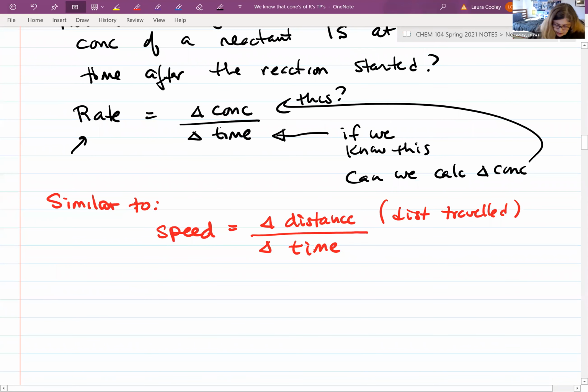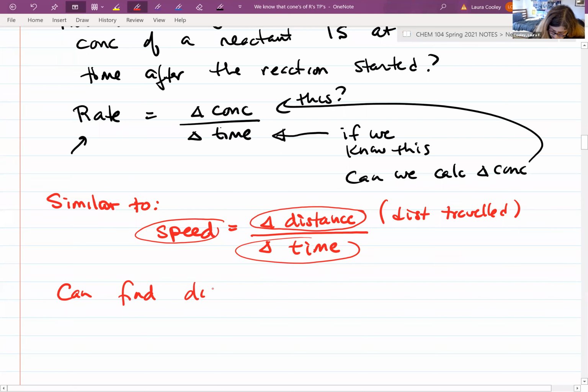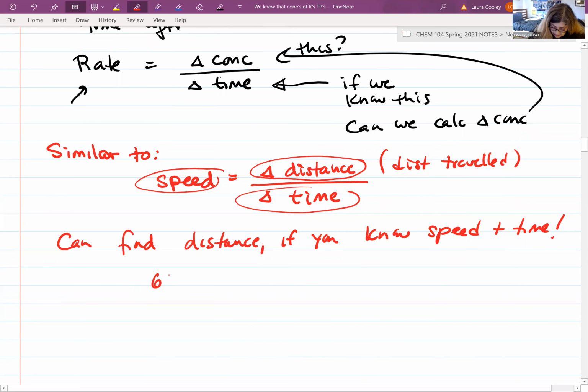And you know that you can find the distance traveled if you know the speed and the time elapsed. We do this all the time. If you're going 65 miles per hour, you could multiply that by 2 hours. Hours cancel, that's 130 miles.